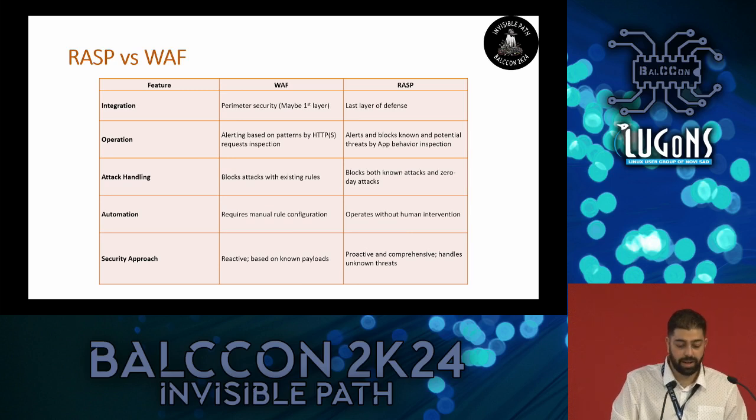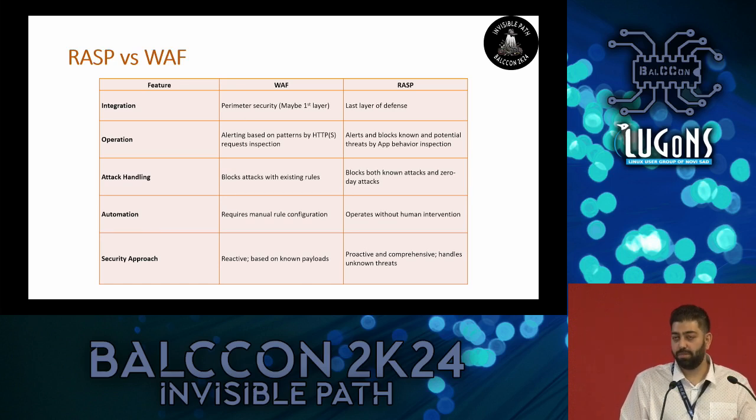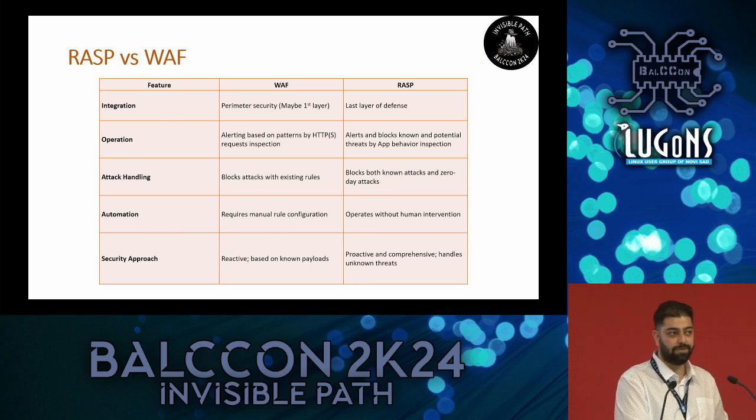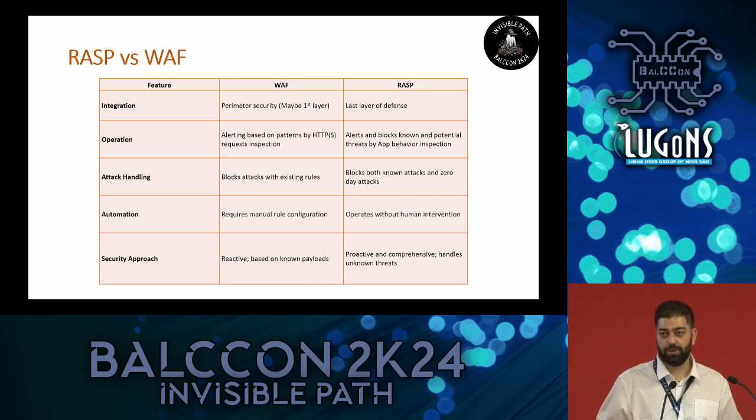For attack handling, WAF basically blocks threats and exploitation attempts based on a database of rules or signatures. Meanwhile, we have next generation firewalls as well, but typically WAF is based on existing rules. However, with RASP you can also expect to mitigate zero days, because RASP has knowledge of the normal operation of your application.